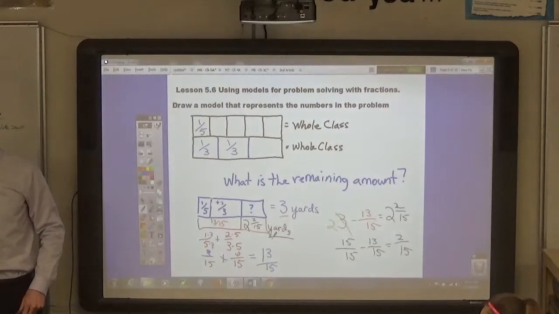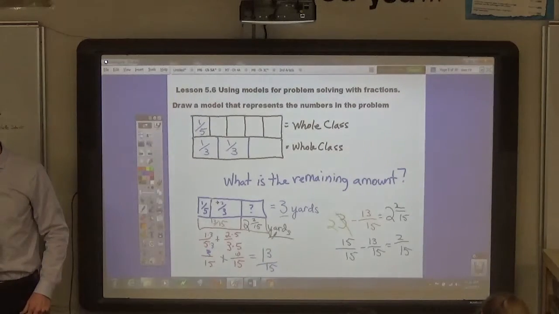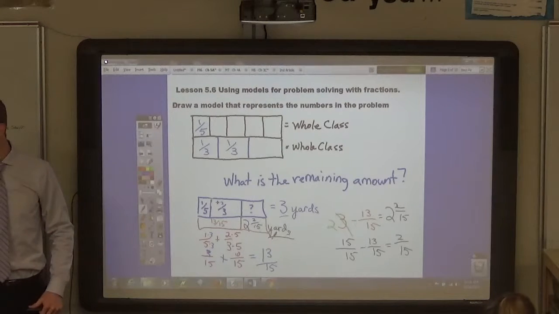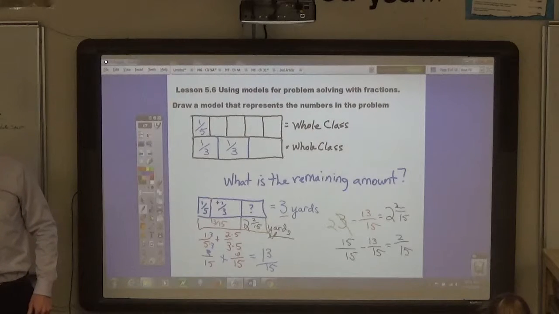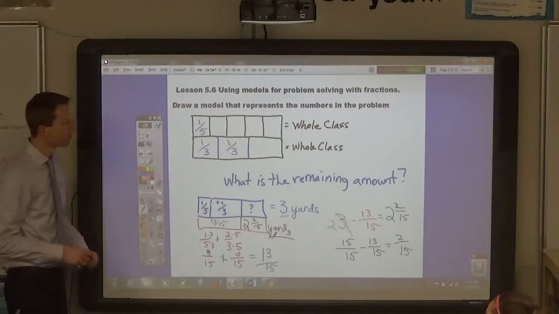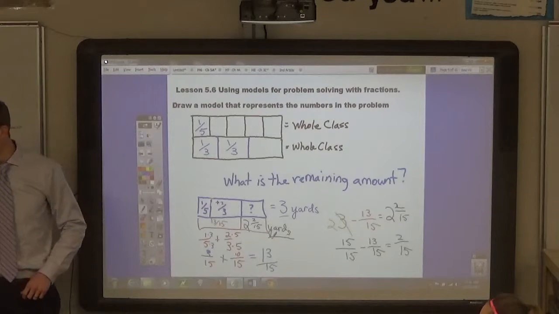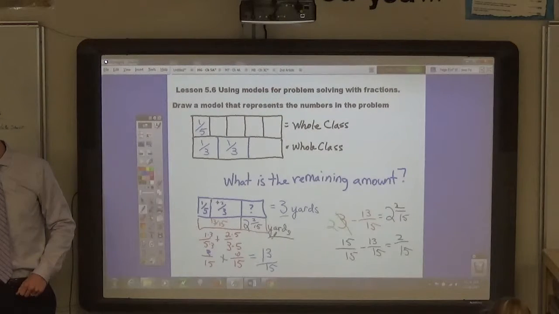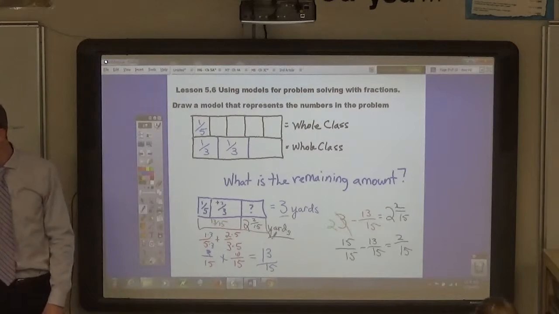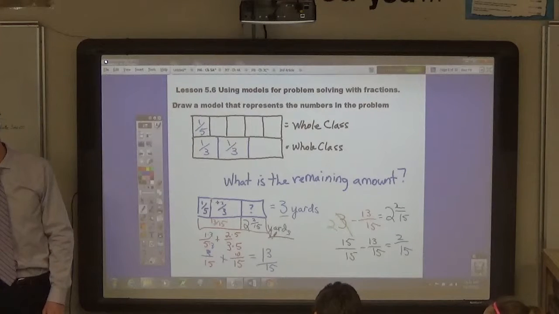Open up your book to page 154. It says, as a part of their study of Native American basket weaving, Leah's class is making wicker baskets. Leah starts with a 36 inch piece of wicker.